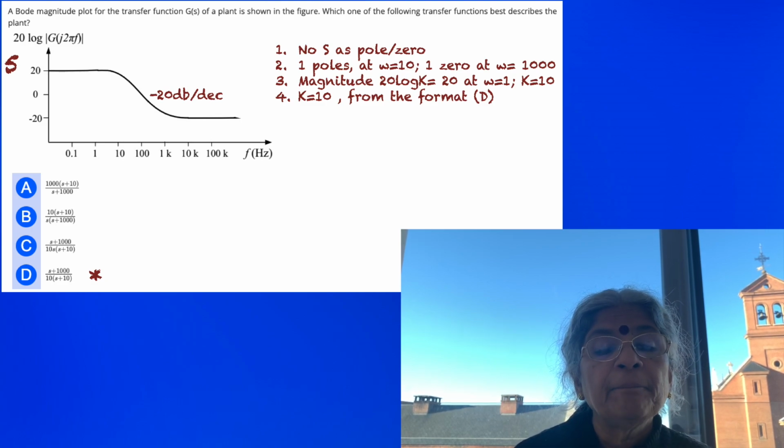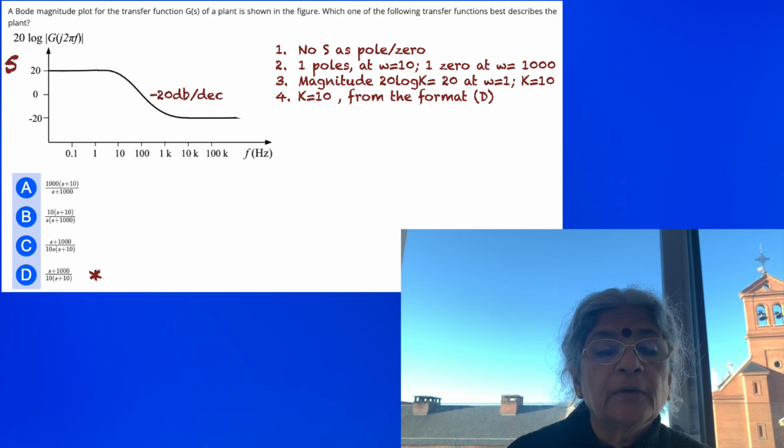We see that a decade is given by the markings on the frequency axis, which has been drawn based on a log magnitude curve. So we have 0.1 into 10 equal to 1, 1 into 10 is 10, 10 into 10, 100, and so on and so forth.